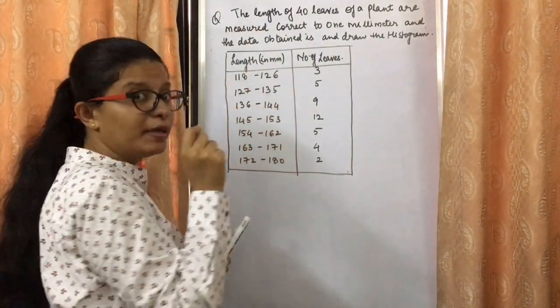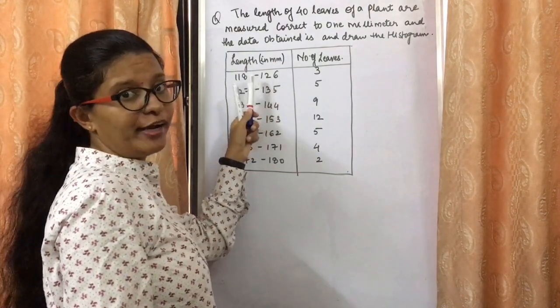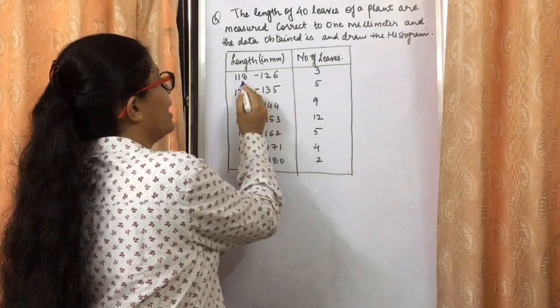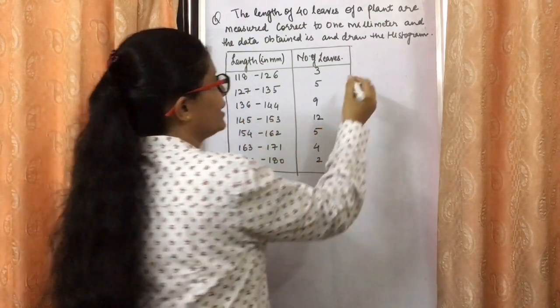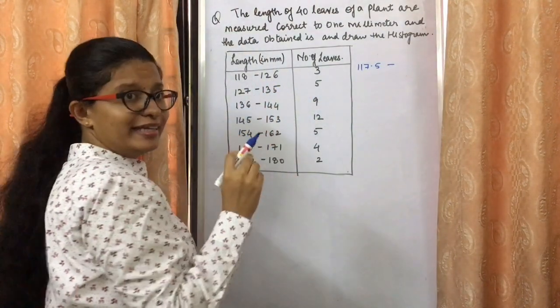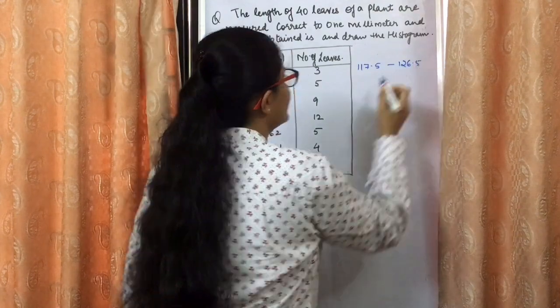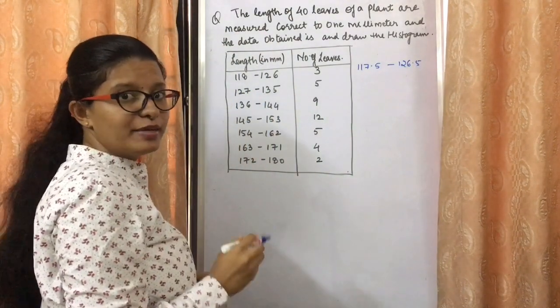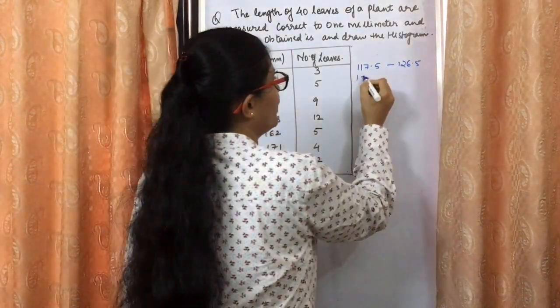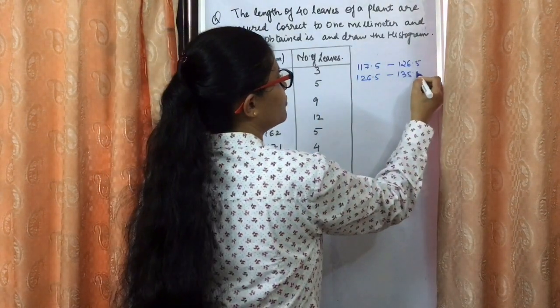We need to subtract 0.5 from the lower limit and add 0.5 to the upper limit. Let's see how. If I subtract 0.5 from 118, I will get 117.5, and adding 0.5 to 126, I will get 126.5. Similarly, 127 minus 0.5, I will get 126.5, and this will be 135.5.